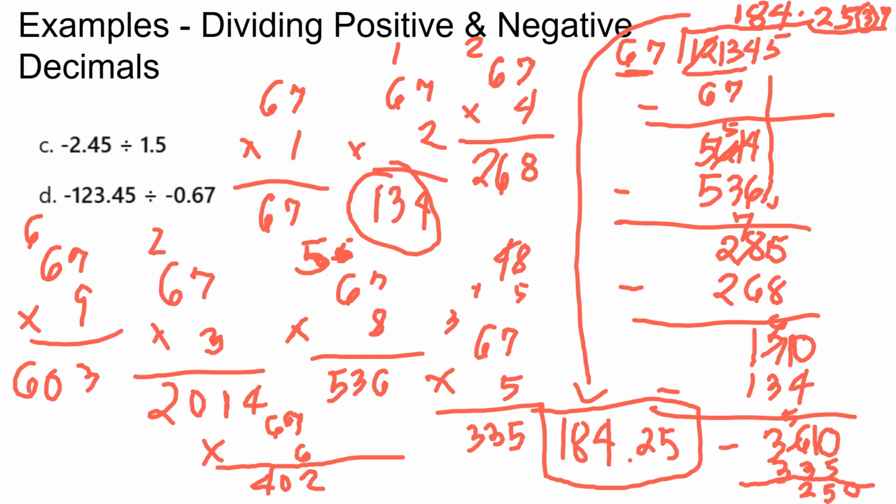It was a long one. So our final answer is 184.25. I hope it makes it clear to you how to multiply and divide positive and negative decimals.